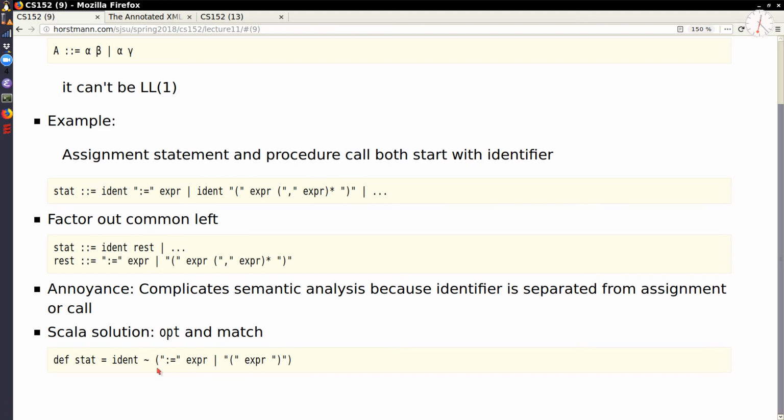Now, the other thing I said is that what's awkward when you have a separate rule for this rest here is that it has to carry potentially two entirely different pieces of information. In this situation, you still kind of have that issue. Oh, by the way, there's some squiggles missing here that I should put in.